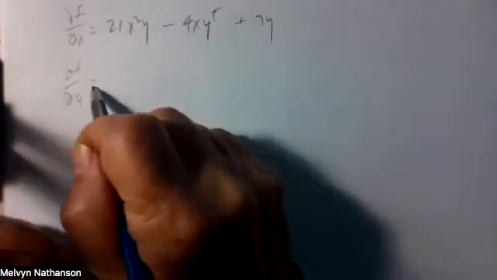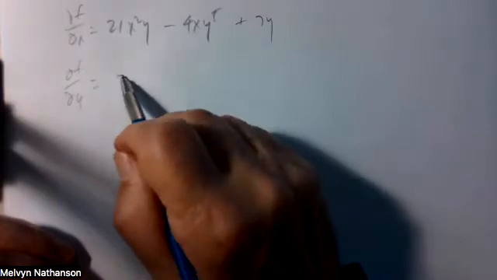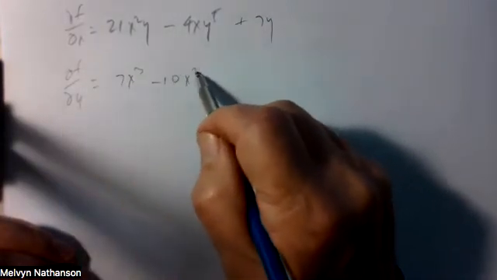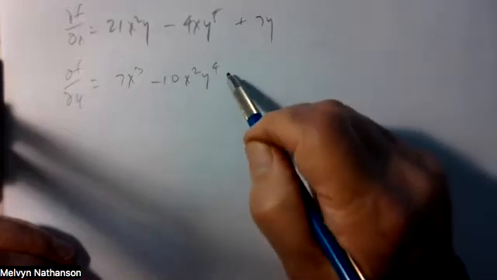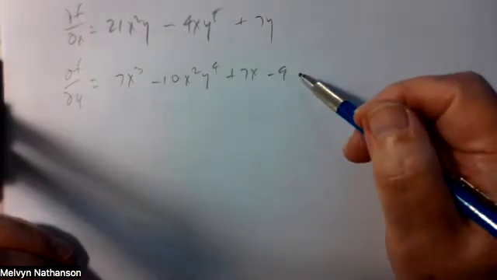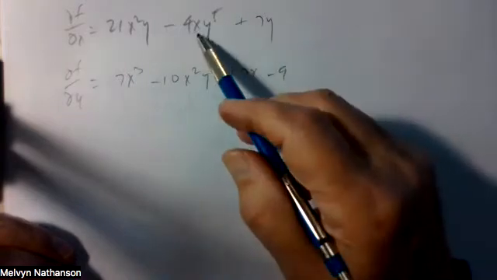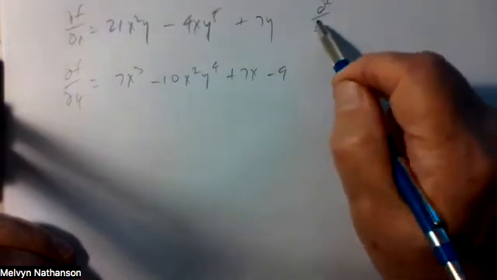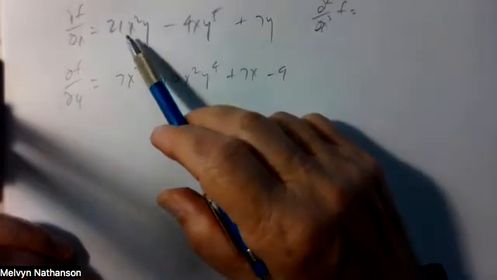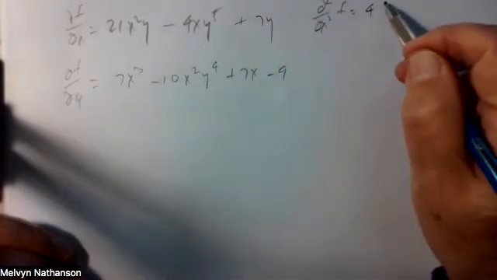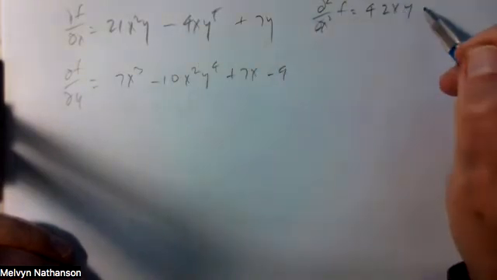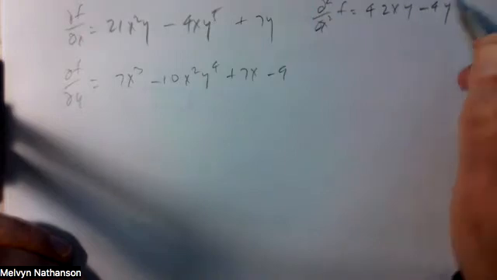The partial of f with respect to y is 7x cubed minus 10x squared y to the 4th plus 7x minus 9. If I differentiate this again with respect to x, I get 2x times 21, I get 42xy minus 4y to the 5th.